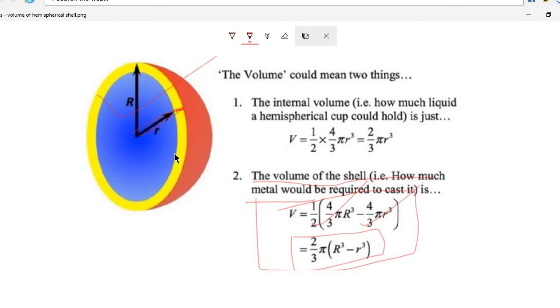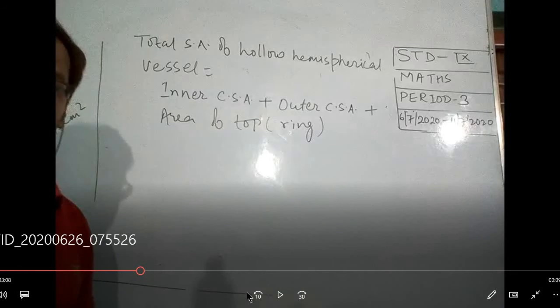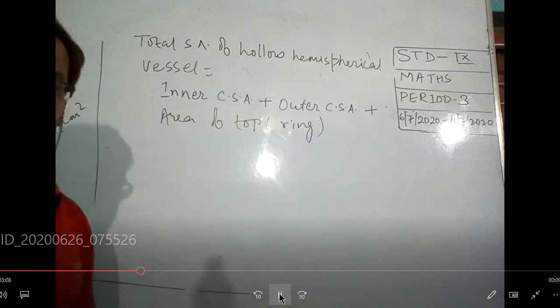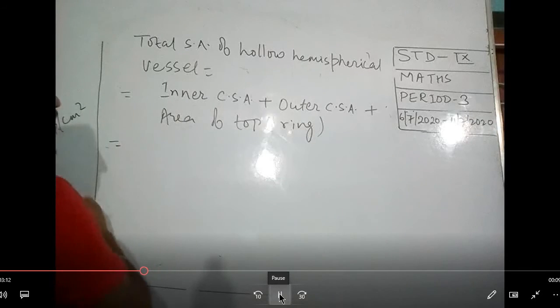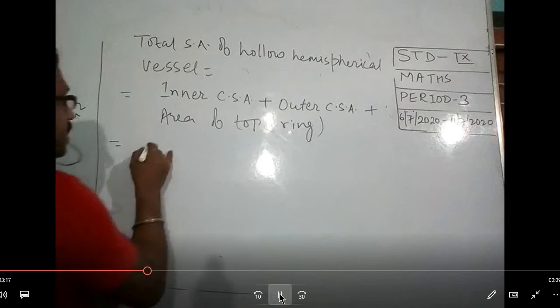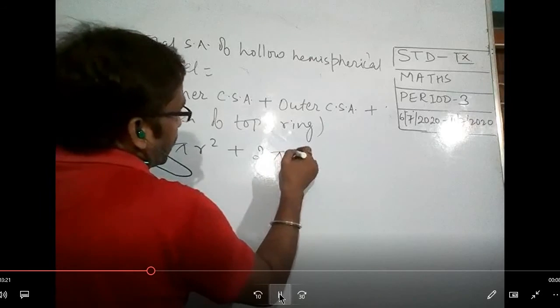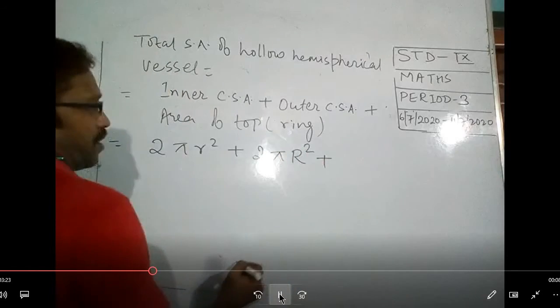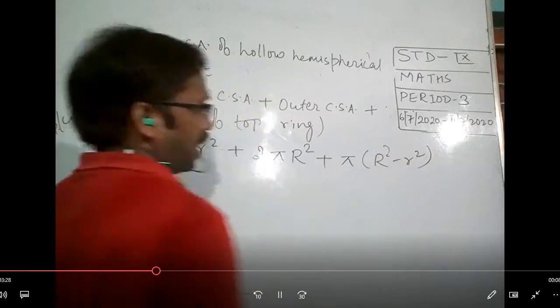So this part is called the ring part, and that area is pi R square minus pi r square. You will see in this video here. See this. So you can see that the inner surface area of the hemispherical vessel is 2 pi r square, plus 2 pi R square, plus the area of the top, that is pi R square minus pi r square.